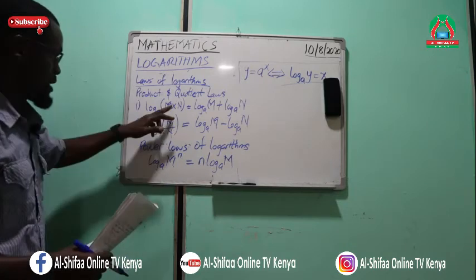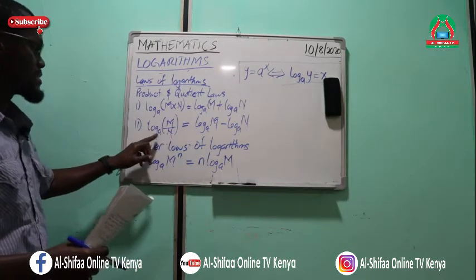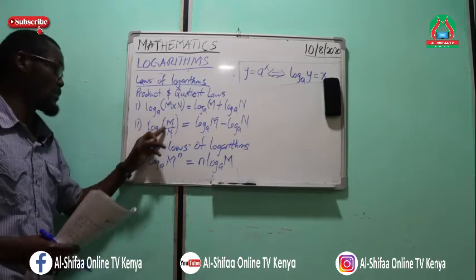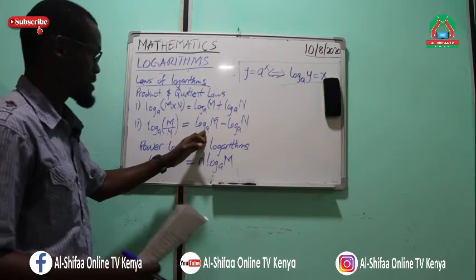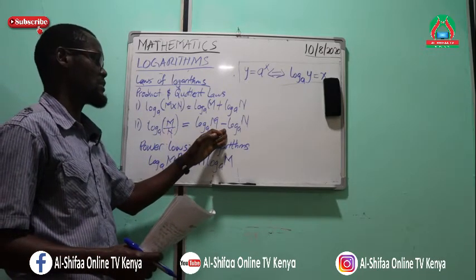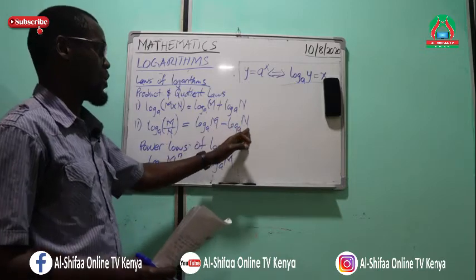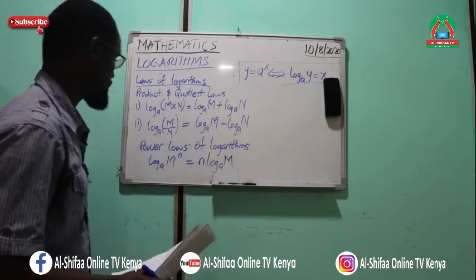Then when the numbers are dividing, log to the base a of m over n is equivalent to the log to the base a of m subtract log to the base a of n.